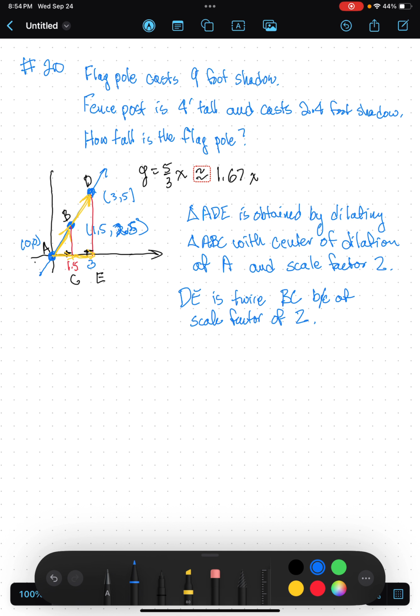So if there is a similarity transform and all three sides are twice as long, let's think about this. We've got the angle here, the angle here, and the angle right here. That's exactly the same angle.